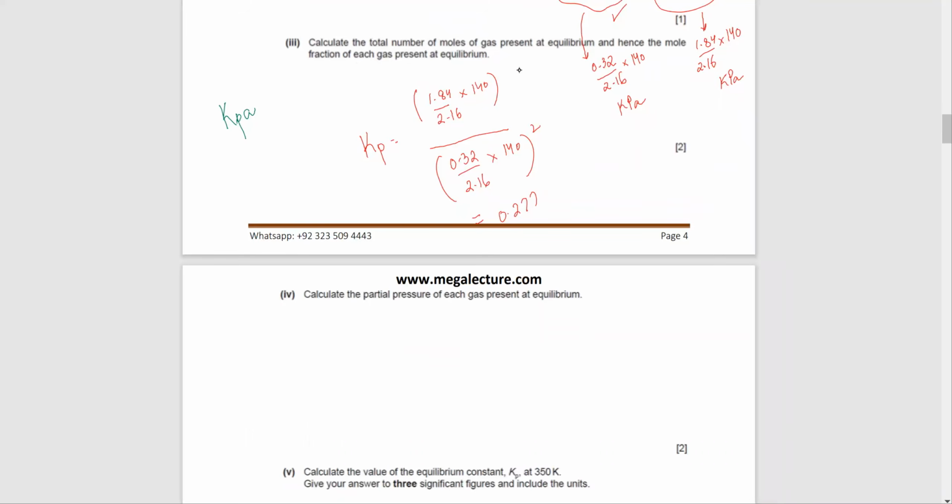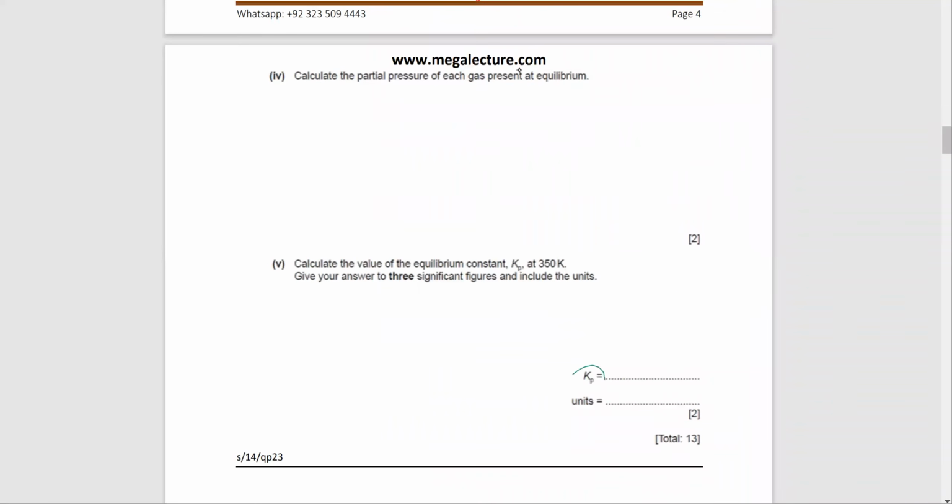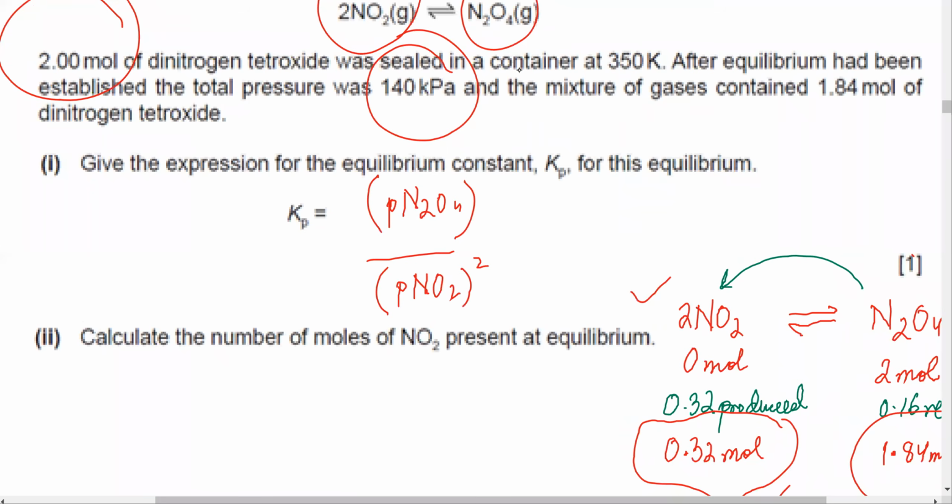And so one thing that you had to do was include the units as well. Now remember our units. Remember that we are dealing with kilopascals. So our unit is kilopascal divided by kilopascal squared.